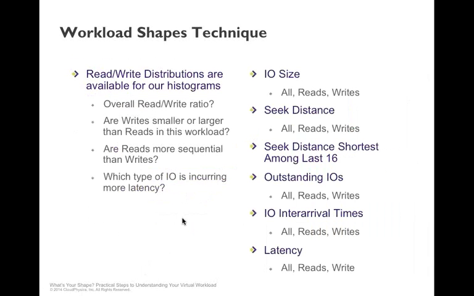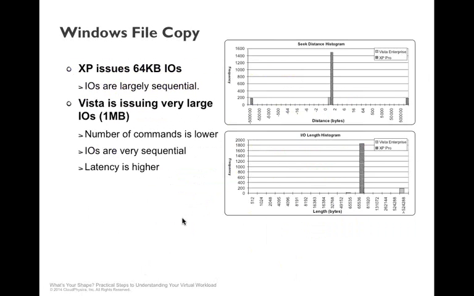But for reads, it's a significant difference in performance between random and sequential, and you might need to be doing all kinds of tuning of your disk array to deal with this. And then sometimes you have different latency being incurred by different types of IOs, and how is that going to get explained? So this is the refresher of how the technique works and what types of questions you can answer using it.